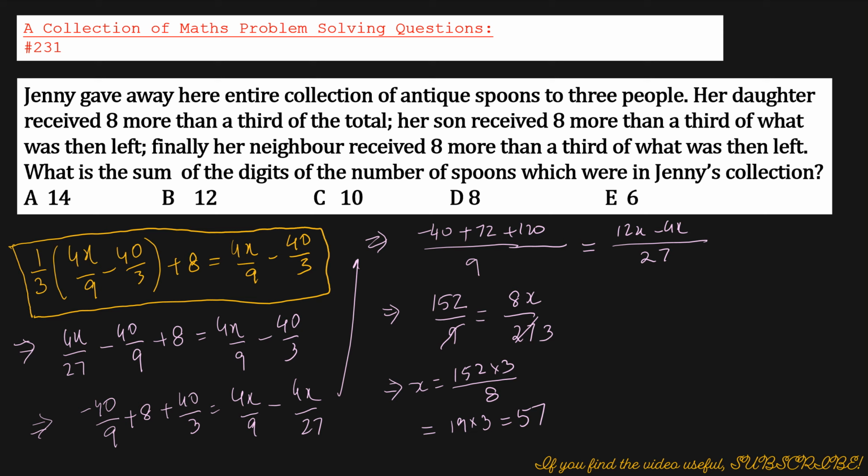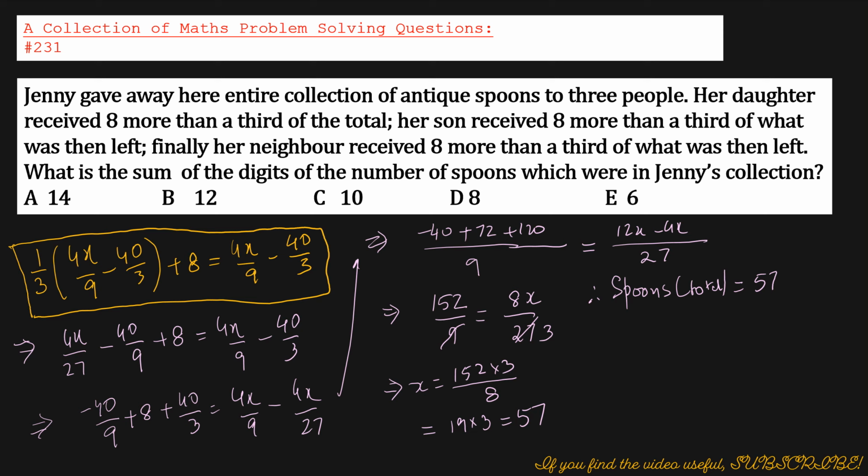So therefore the total number of spoons equals 57. That's what I get. 19 times 3 is 57.